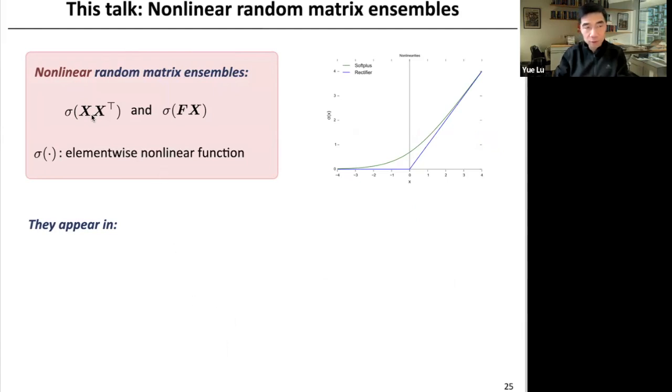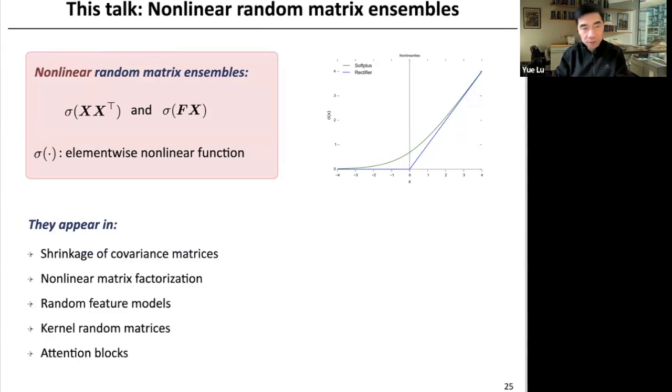Here, if you look at X times X transpose, again the empirical covariance matrix, we apply a nonlinear transformation sigma to it, where sigma is a one-dimensional function. You apply this nonlinear function, for example a ReLU function, to each entry of X times X transpose. So it's an entry-wise nonlinear transformation of this matrix.